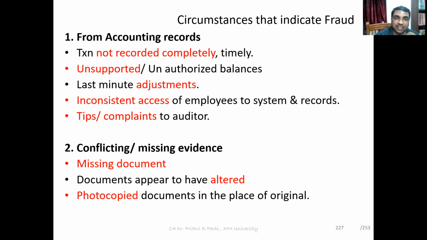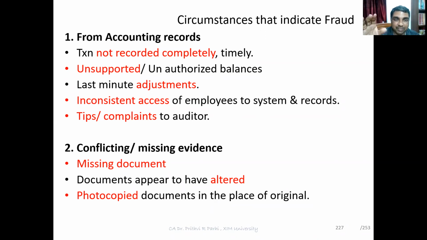Or there are tips or complaints to auditors. Some employees might have given a tip or complaint that this kind of fraud has happened. So these are indicators.